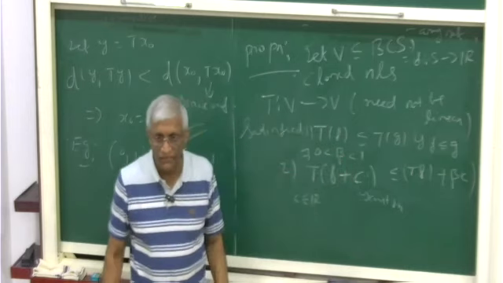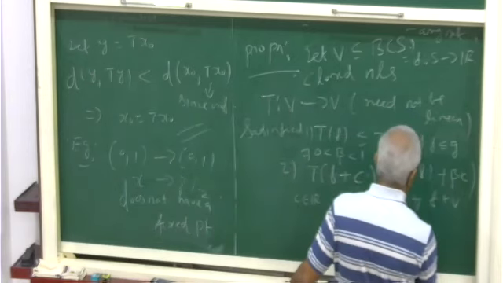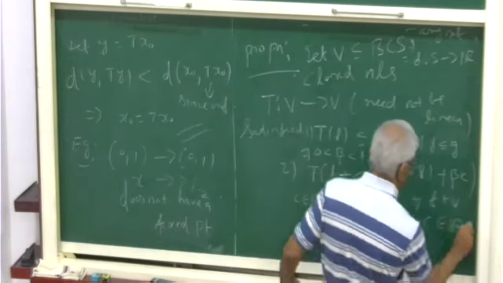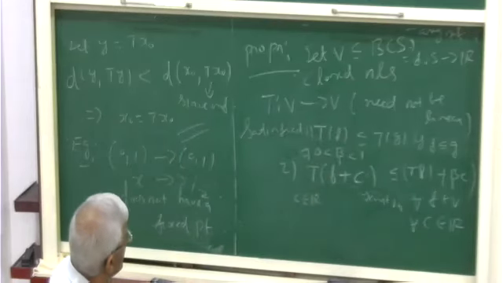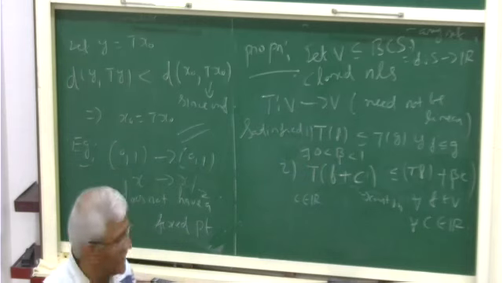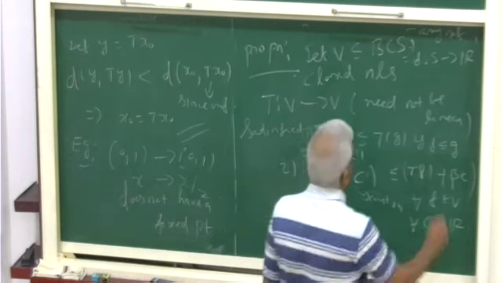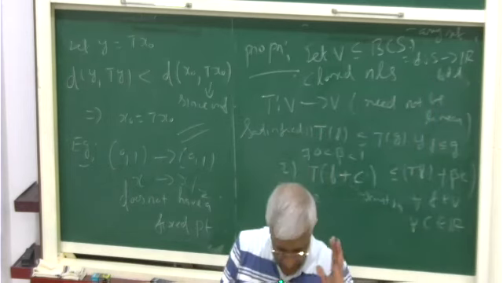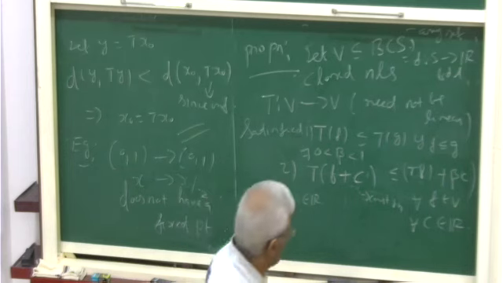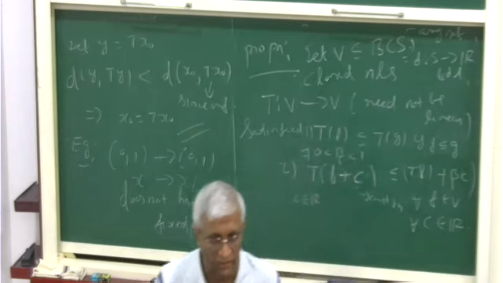This is for all f in V, for all c in R. B(S) is all bounded functions from S to R. Pointwise, f of t less than or equal to g of t for all t, that's what it means usually.